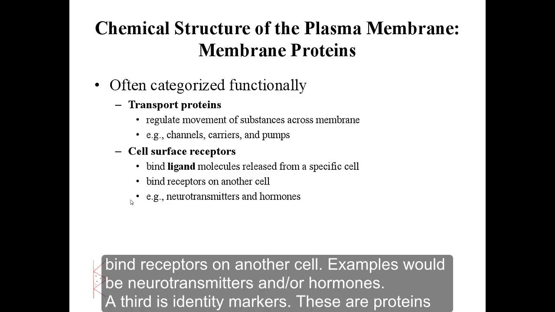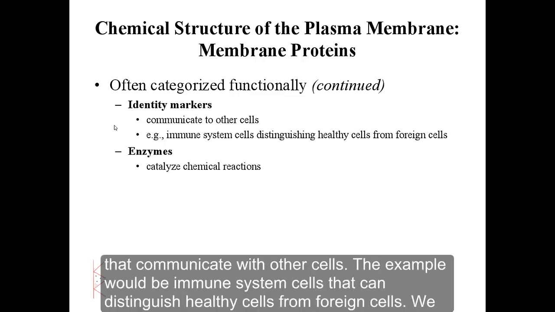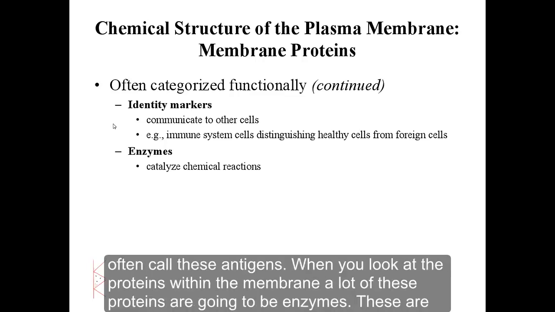Examples would be neurotransmitters and/or hormones. A third is identity markers. These are proteins that communicate to other cells. The example would be immune system cells that can distinguish healthy cells from foreign cells. We often call these antigens.